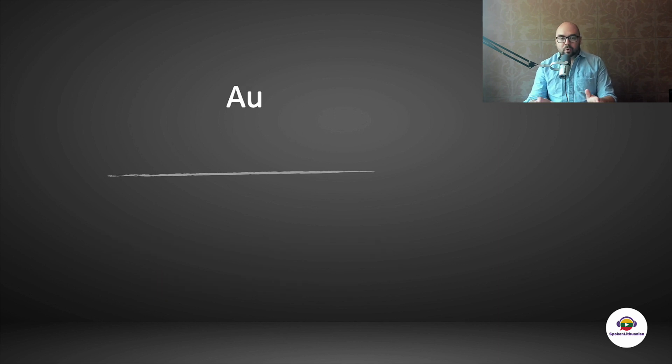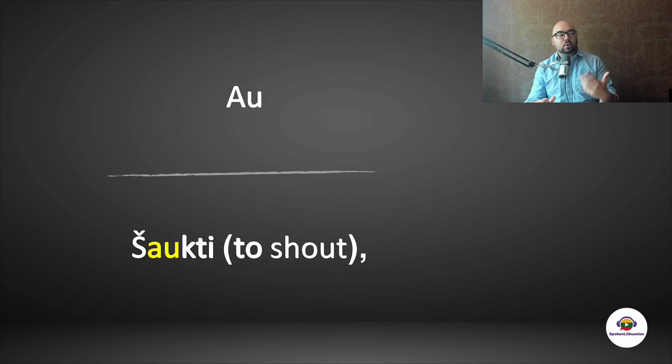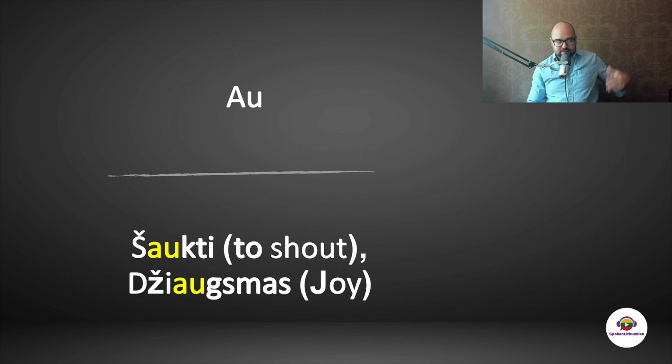Now the au is like šaukti, to shout, šaukti. Very similar word, by the way, right? Šaukti, shout. Džiaugsmas, the one we had here. By the way, you see the softener over there?